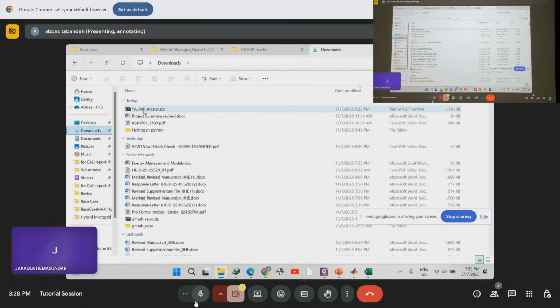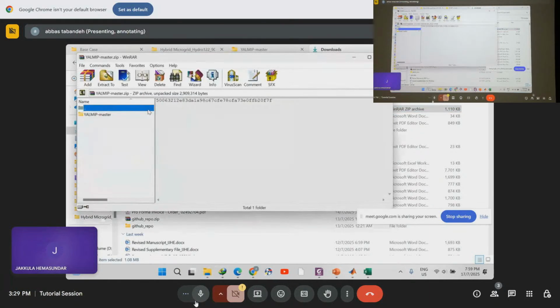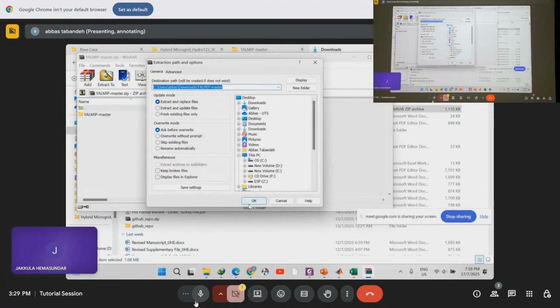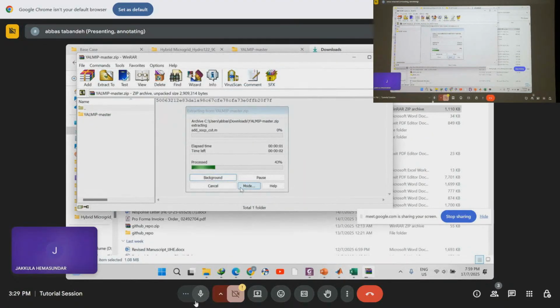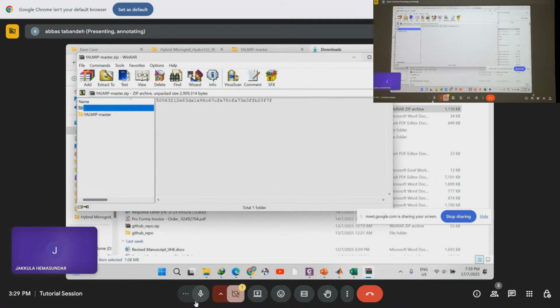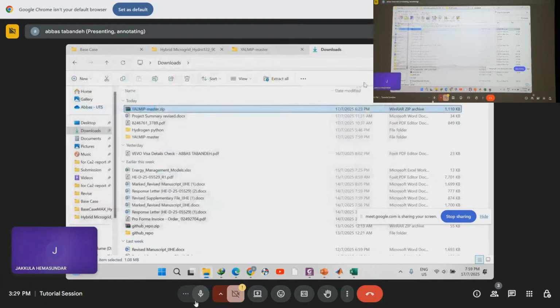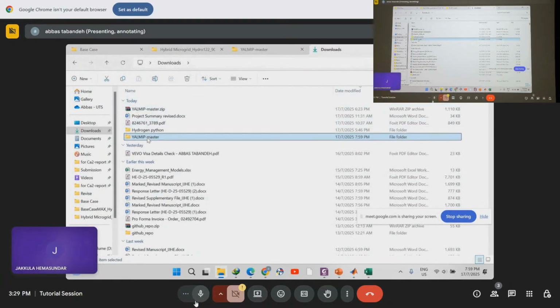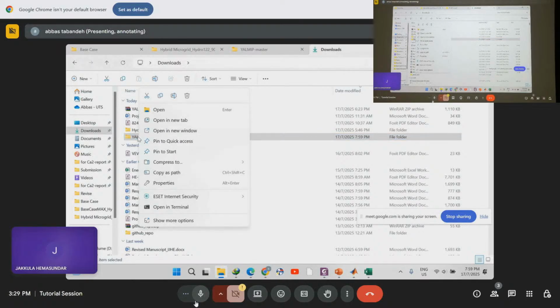In Downloads, Yalmip is a zip file. Please extract it, then make a copy of it.